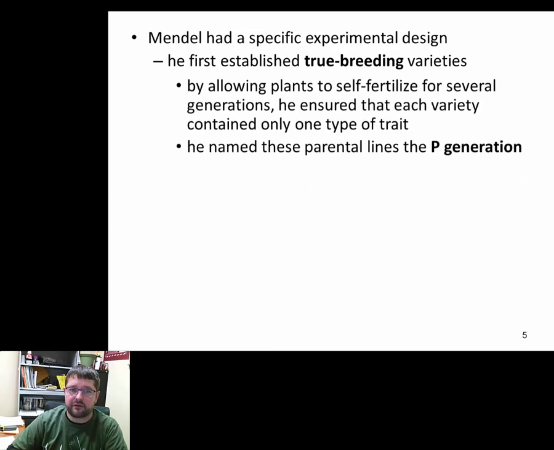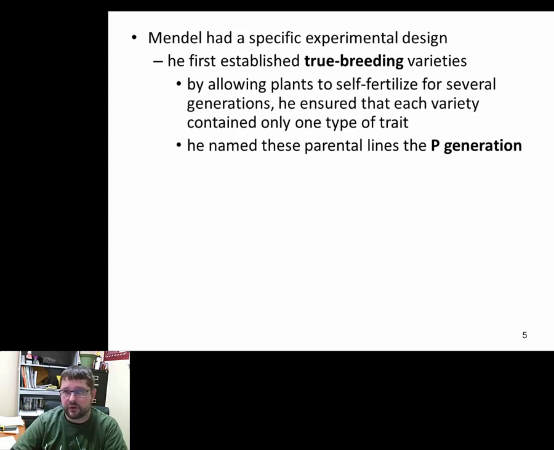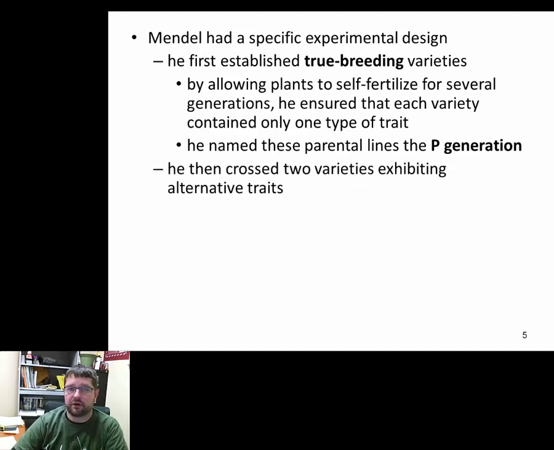So in order to establish that, he had to do crosses and self-fertilization. He self-fertilized plants until he ensured that only one type of the trait, or what we call allele, was present. It was just constantly the exact same thing over and over again. He called those the parental lines, or the P generation. Then he would cross the P generations, the true breeders, together.